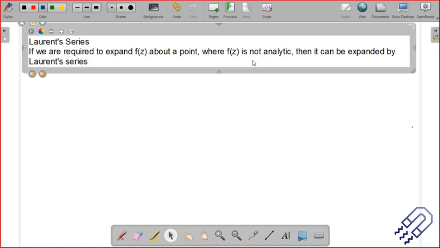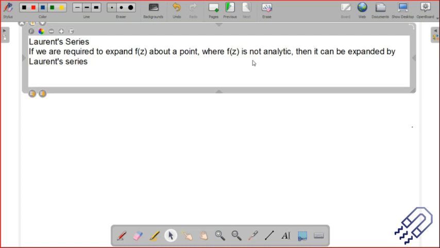So there we are actually going to use the Laurent series, and that is how it is different from Taylor expansion. There is a statement to it, but when you do the sum, you'll see that it's very simple.